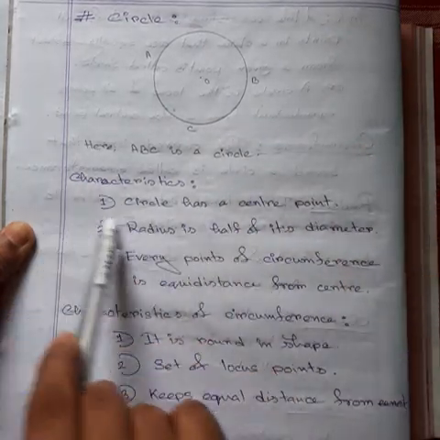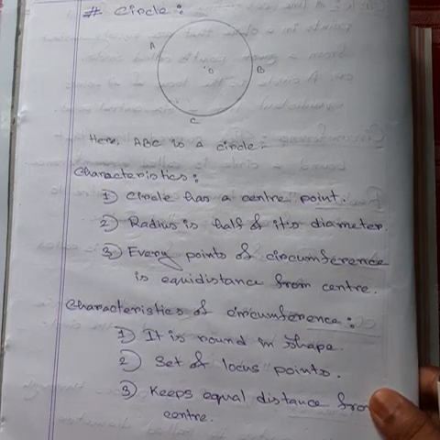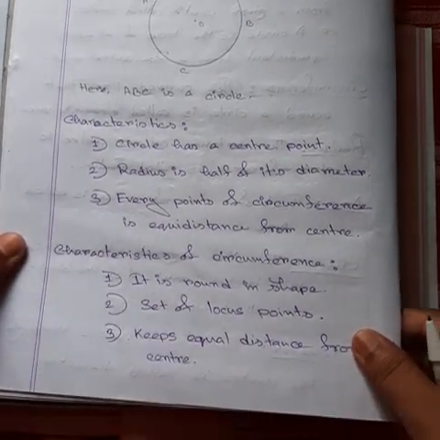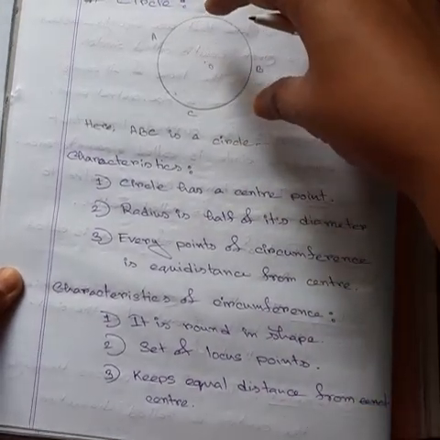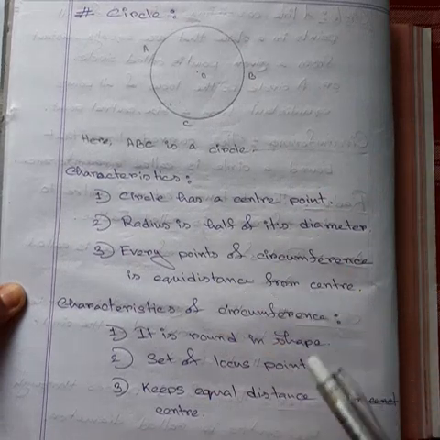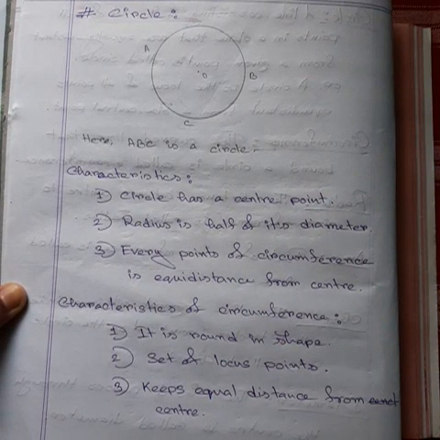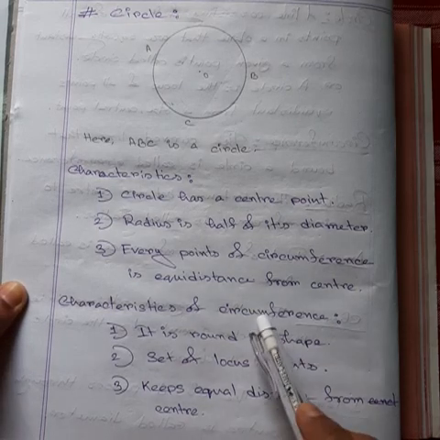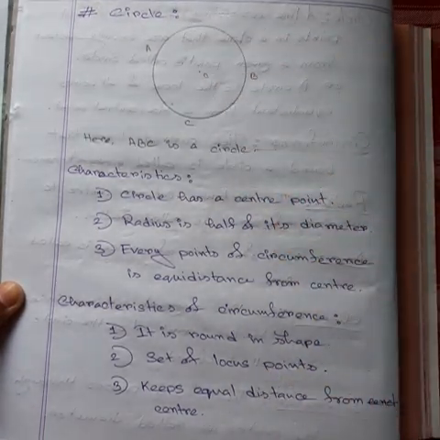The characteristics of a circle I have written down over here. After that I have written the characteristics of circumference, because we can use the same picture for both of them. If in the exam they ask you for the characteristics of circumference, you can write them down with this picture, because a picture is a must.